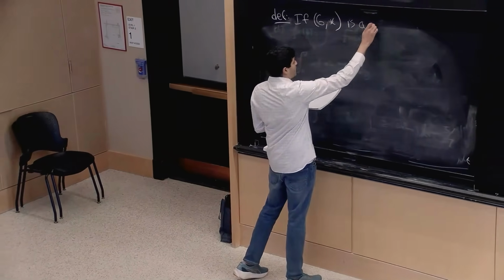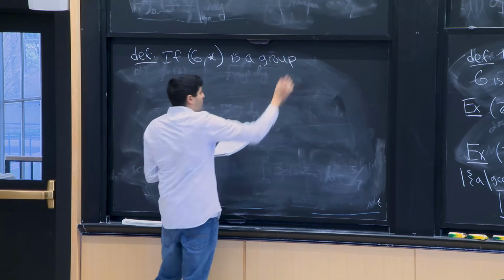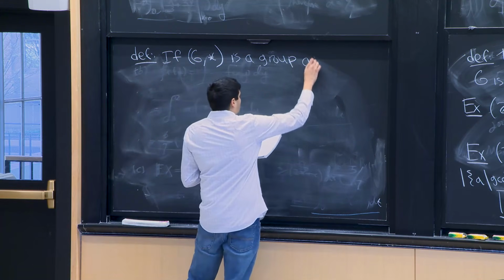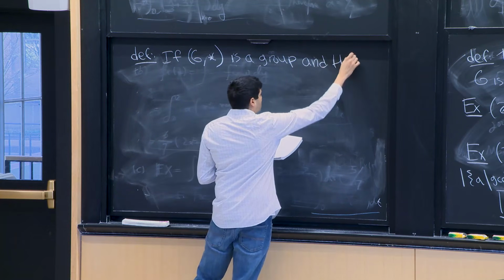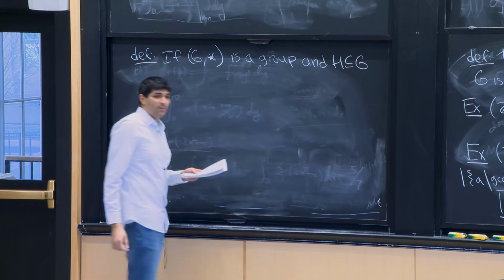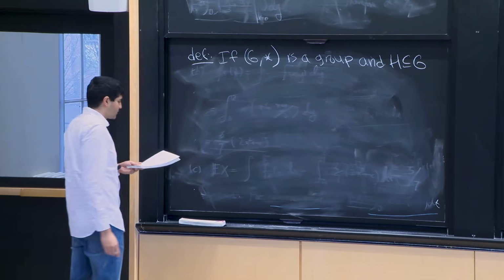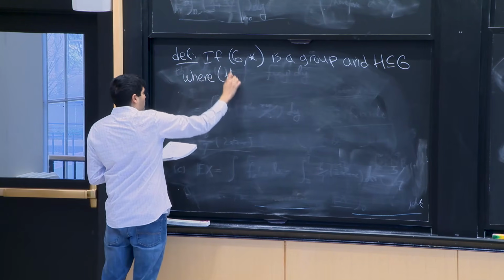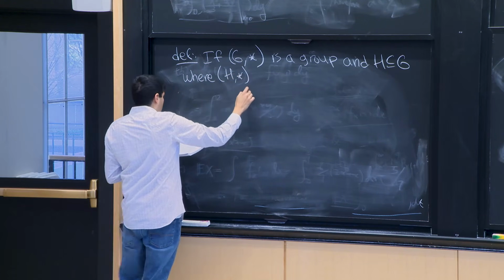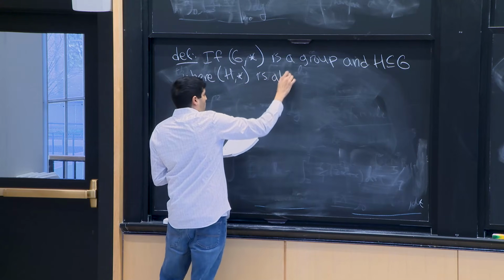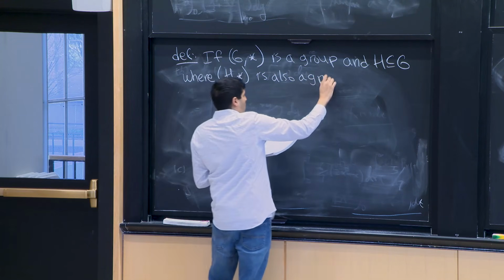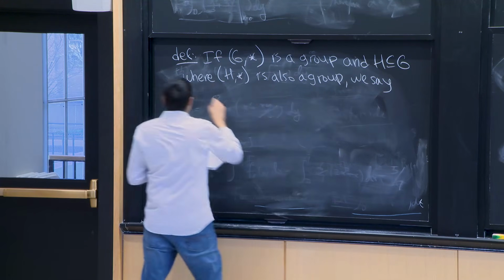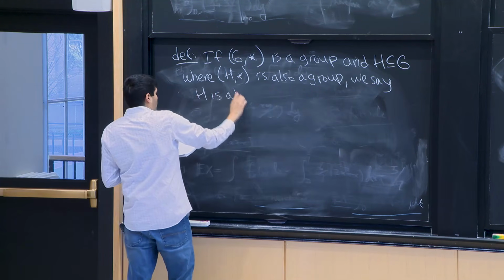Let's assume that it's a group, so it satisfies all the axioms, 1 through 4, of being a group. And let's imagine that you give me some subset of the group. You just keep some of the elements, and let's call that H. Well, if this pair H and star is also a group, then we say that H is a subgroup.